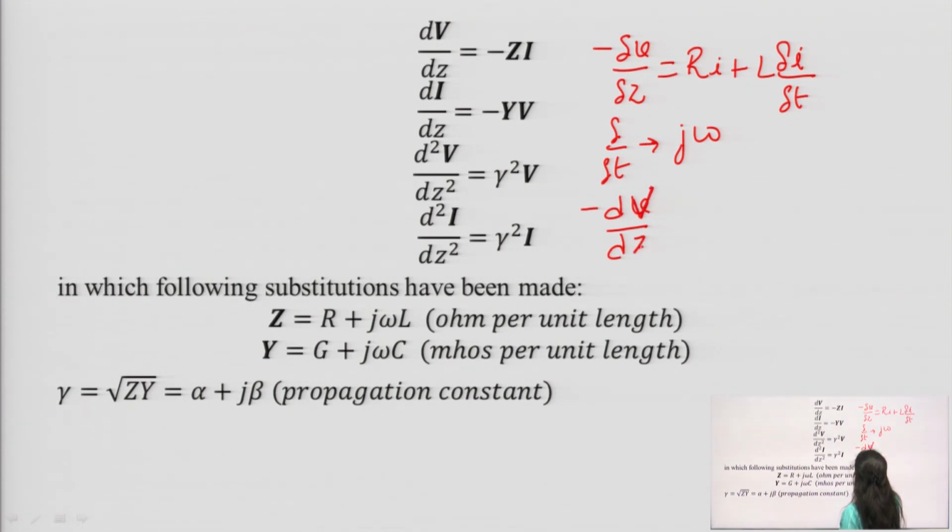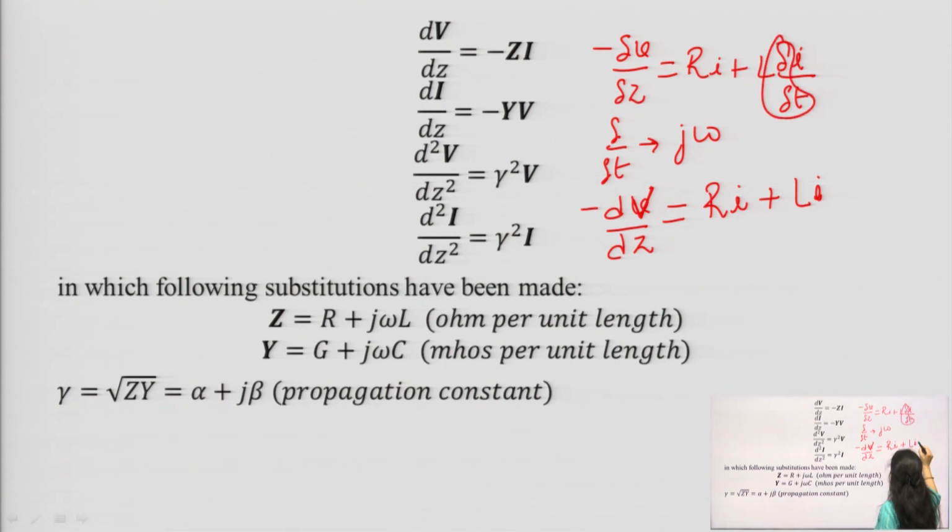For the complete one, minus del v upon del z should be equal to r I plus L. In the place of I it should be written as it is, and in the place of del by del t I am going to write j omega.